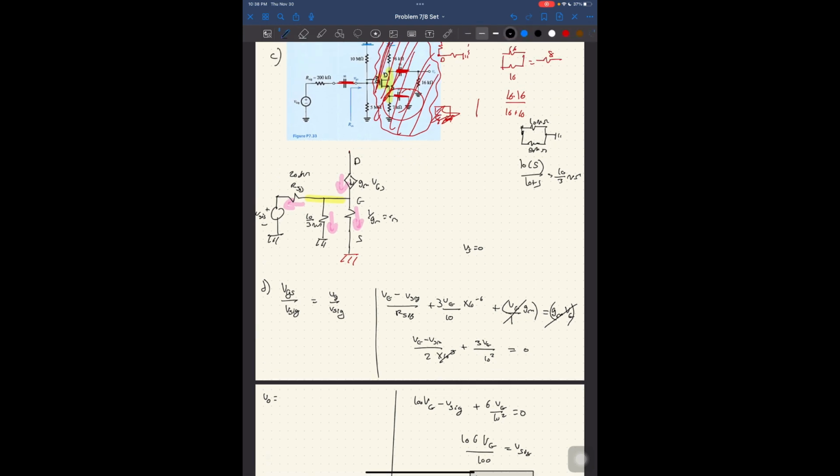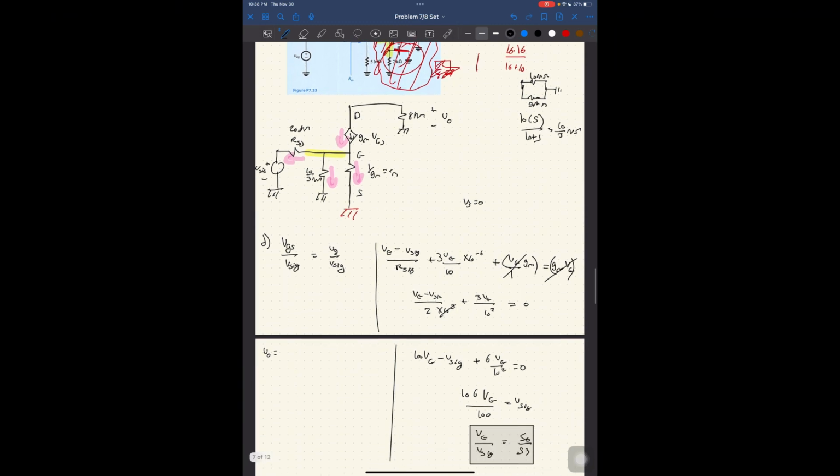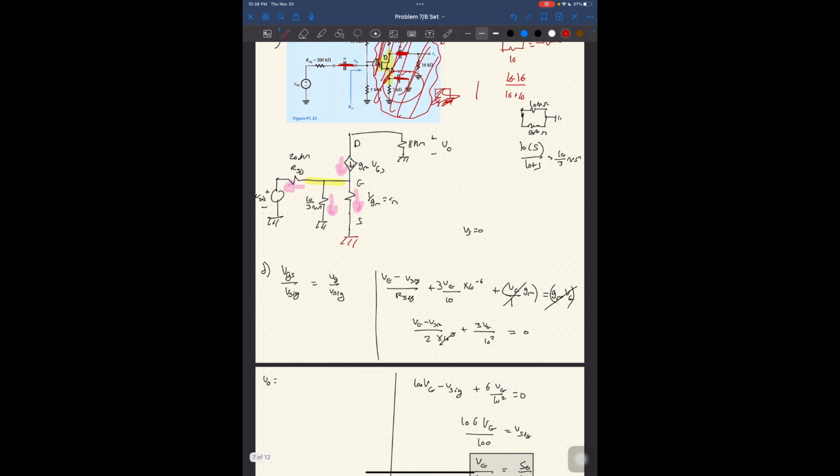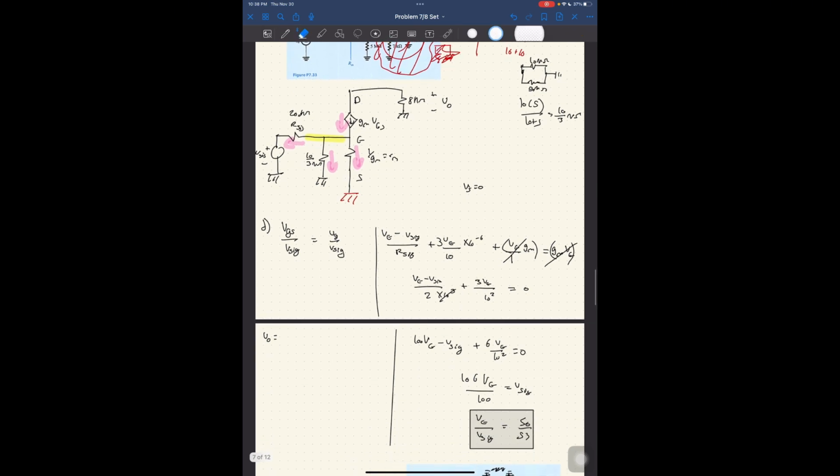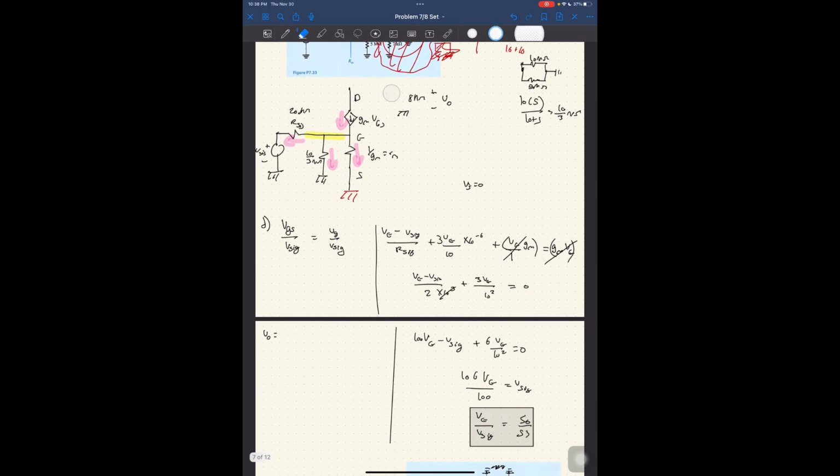I could say 8 kilo ohms is my V output, right? I'm just redrawing the exact same thing in a simpler way for me to solve. And if that is the case, then V output is equal to the current flowing in this direction, making a positive and negative, and that's my V output.